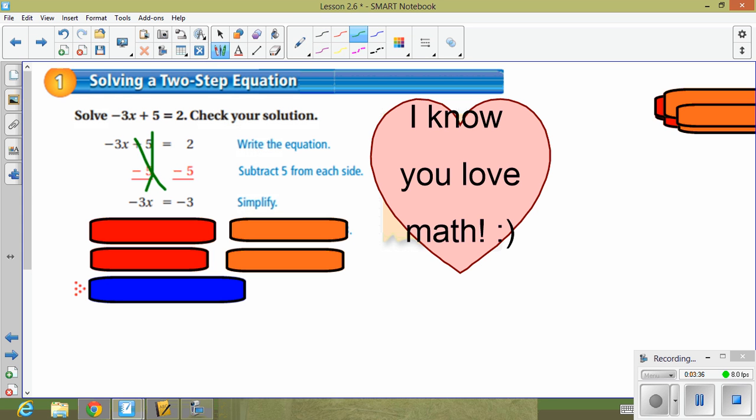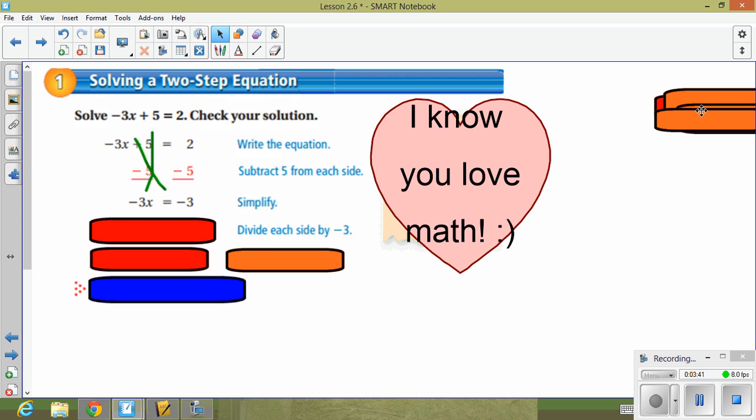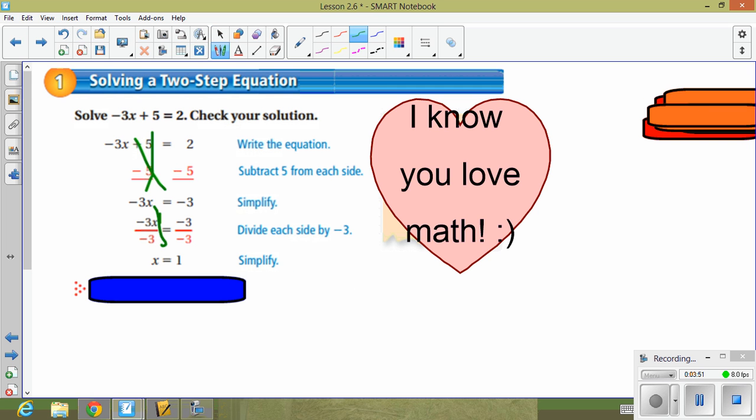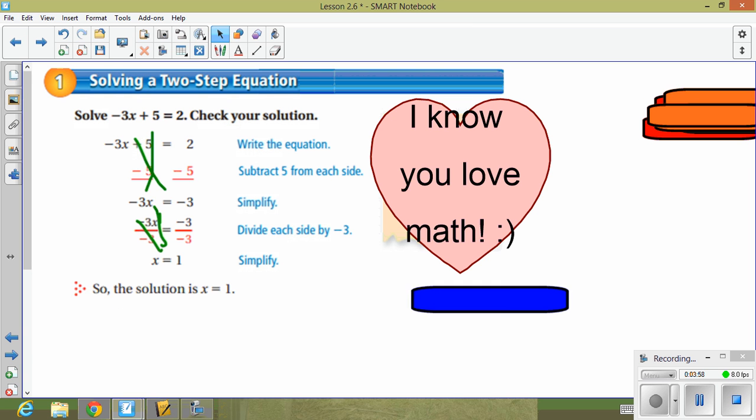Remember, these cancel out in here. Next, I'm going to divide each side by negative 3. Okay, and finally, I'm going to simplify. Remember, negative 3 divided by negative 3 leaves me with x is equal to 1. So the solution is x equals 1.